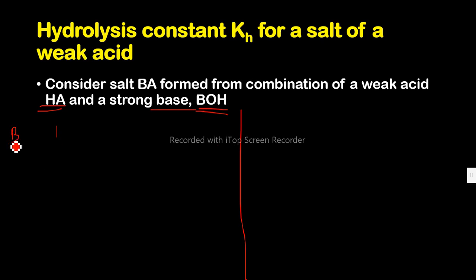Our salt BA, solid, will dissolve in water, aqueous, to produce B plus, because it is formed from a strong base, aqueous, plus A minus, which is minus because it is formed from a weak acid.